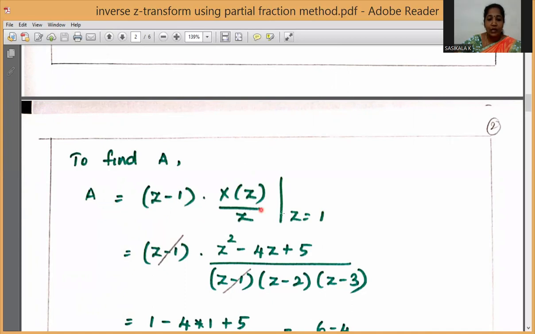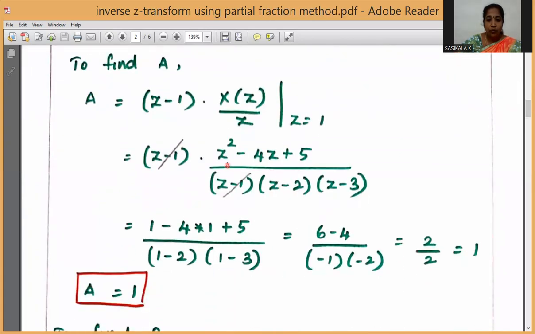To find A, substitute z = 1. The (z − 1) terms cancel, and for the remaining terms we substitute z = 1. So we get (1² − 4·1 + 5) / ((1 − 2)(1 − 3)), which is 2 / ((−1)(−2)) = 2/2 = 1. So A is 1.